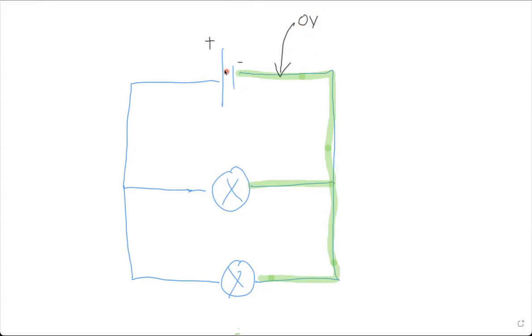A popular AA battery that we often use has an EMF of 1.5 volt. What does this mean? This means that the battery will raise the potential by 1.5 volt.